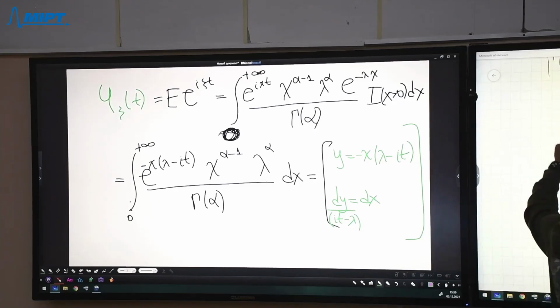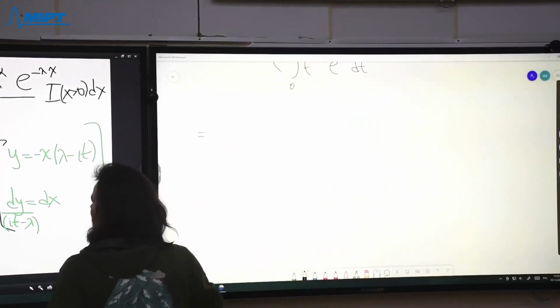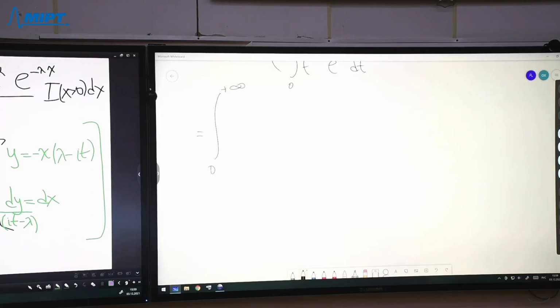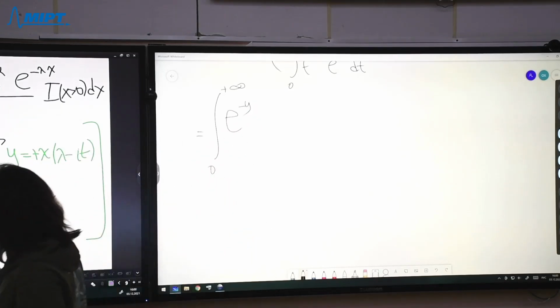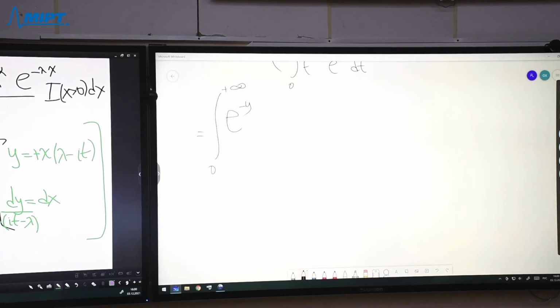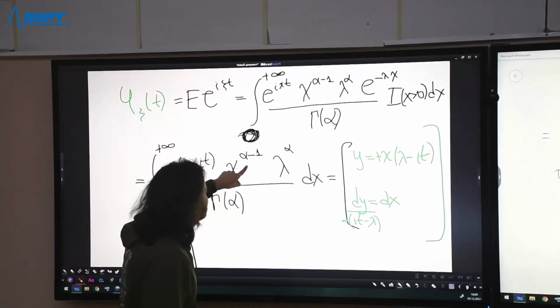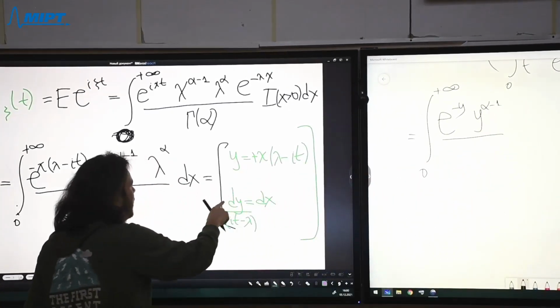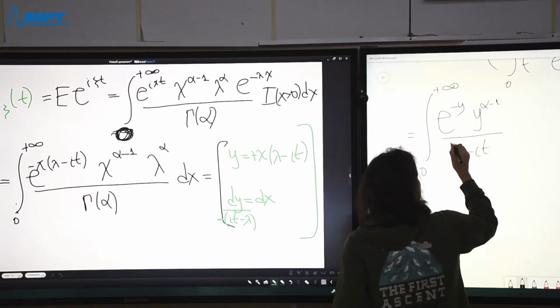Now we can replace all of that. We get the integral from 0 to infinity of e to the minus y, then x is y over (lambda minus it), so we have y to the alpha minus 1 over (lambda minus it) to the alpha minus 1.